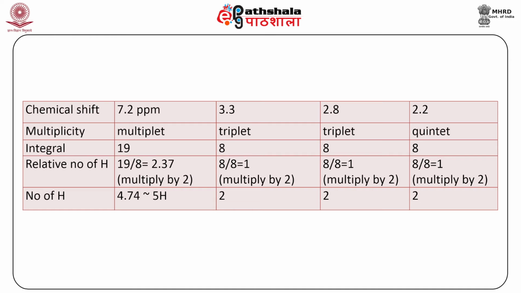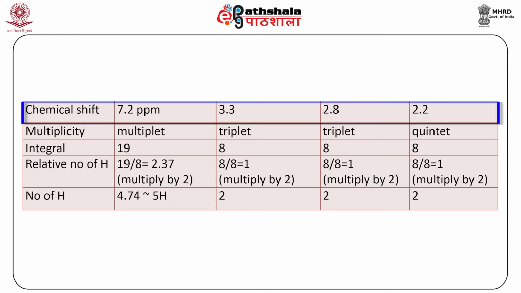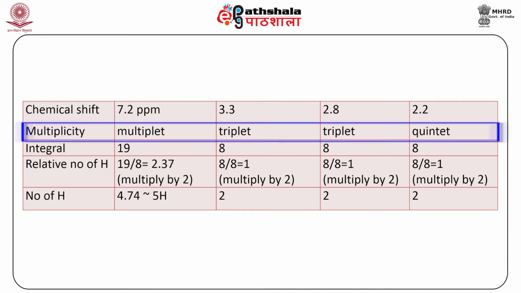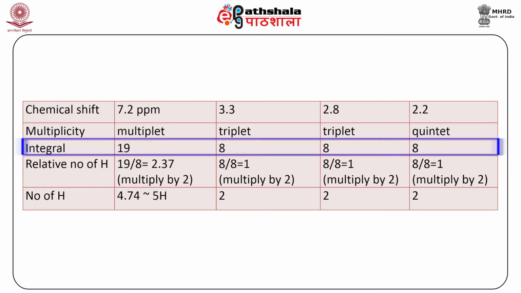As we can see, the chemical shift values are observed at 7.2 ppm, 3.3 ppm, 2.8 and 2.2 ppm. The multiplicities observed are a multiplet, a triplet, a triplet and a quintet for the various protons. The integral values are found to be 19, 8, 8 and 8, which are not the actual number of hydrogens present.